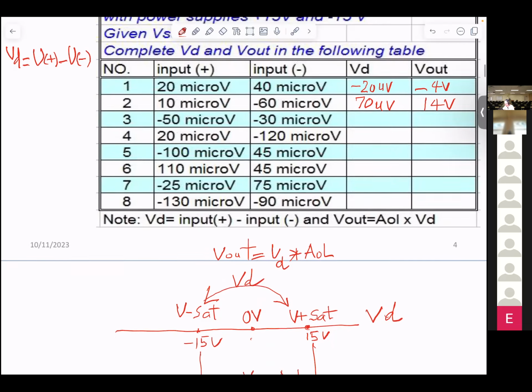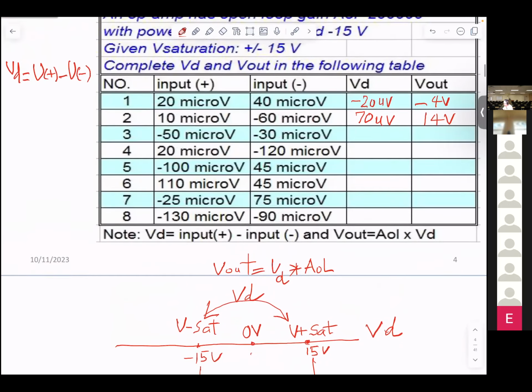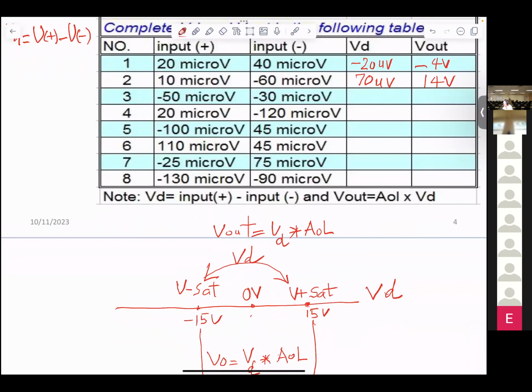So is it minus 20? Yeah. VD is minus 20. So did I make a mistake on the first one? Is it actually 60? Now, you take 20. Okay. You minus 40. That's why you get minus 20. Okay. And that will be minus 4, right?